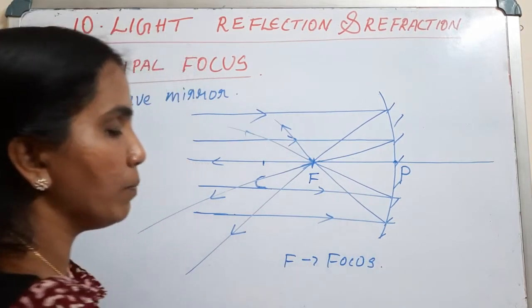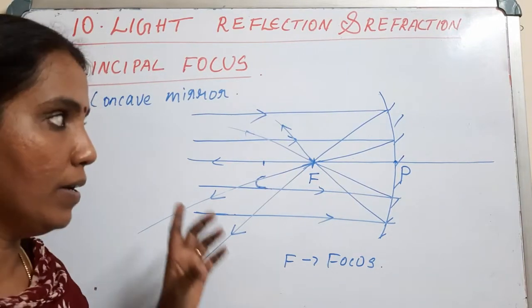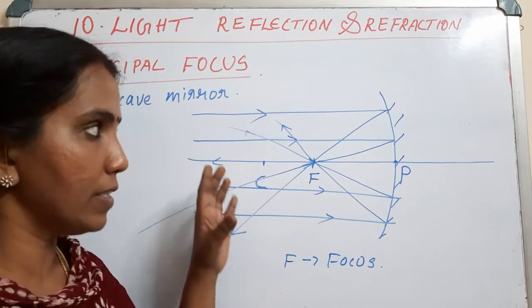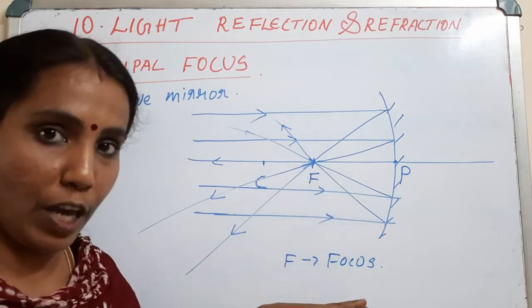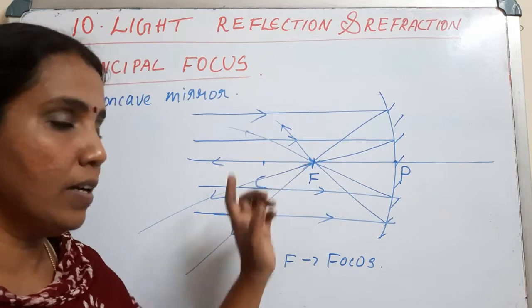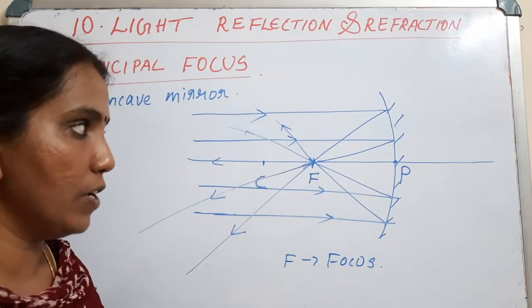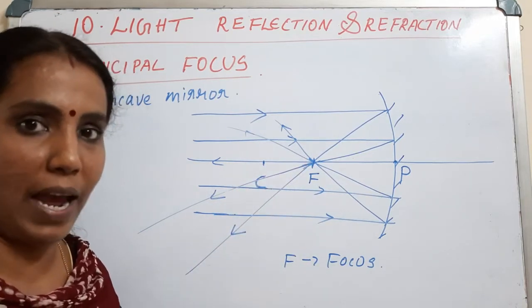So how do we define principal focus of concave mirror? When a parallel beam of light parallel to the principal axis is incident on a concave mirror, after reflection, the reflected rays will be converging to a point on the principal axis.